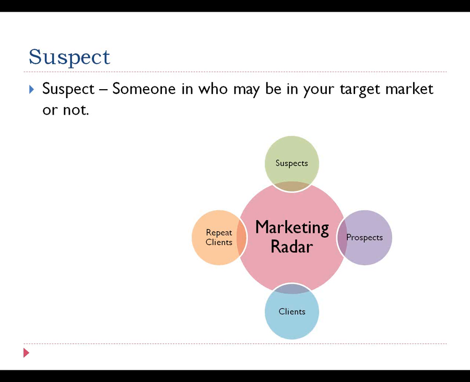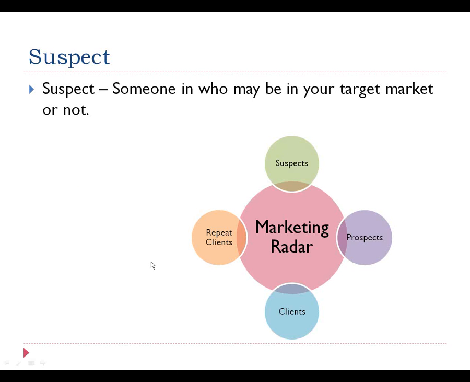And in most cases, people think a suspect is a prospect. So you need to be able to distinguish between who a suspect is and who a prospect is. In most cases, you might think they are one and the same, but they're oftentimes not.